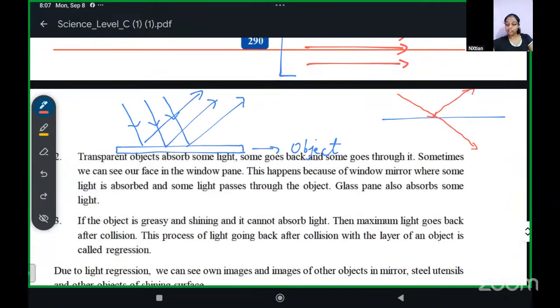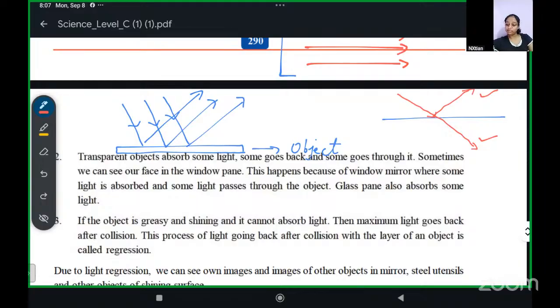Here the reflection takes place. The top one is reflected, the bottom line is refracted. So that is why we are able to see our reflection in the window pane.